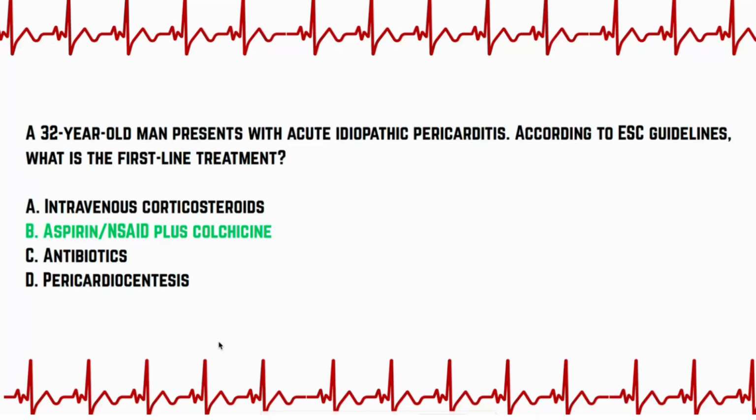What you need to know at this stage is that first line treatment is aspirin or a non-steroidal anti-inflammatory plus colchicine. And of course, pericardiocentesis is when you have pericardial effusion, and emergency pericardiocentesis is when the patient has a cardiac tamponade.